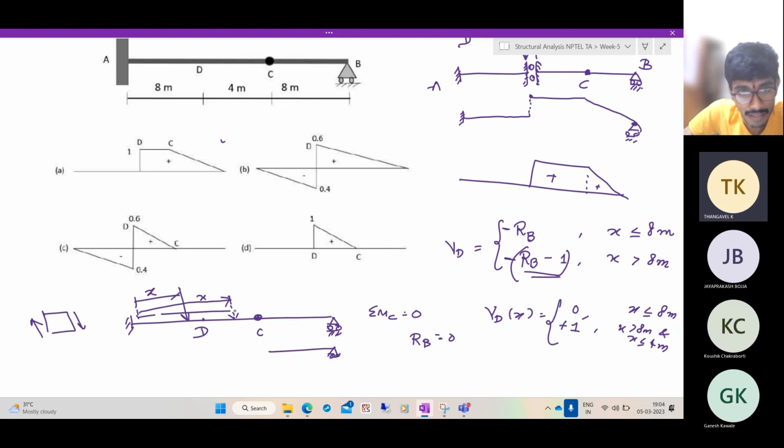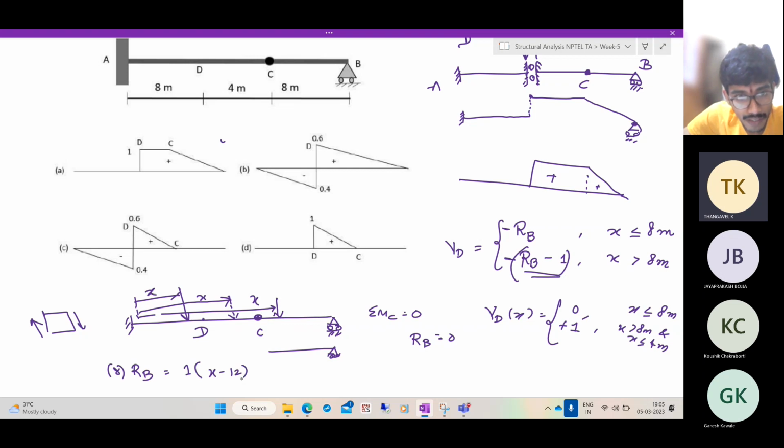Then, in the third case, let us consider that the load has crossed C also. So this is X and the load is somewhere here. In that case, what will be RB? We have to find out. If you take moments about the point C, you get RB into 8 meters is equal to the moment due to this. This will create a counterclockwise moment, and this will create a clockwise moment: 1 into X minus 12.